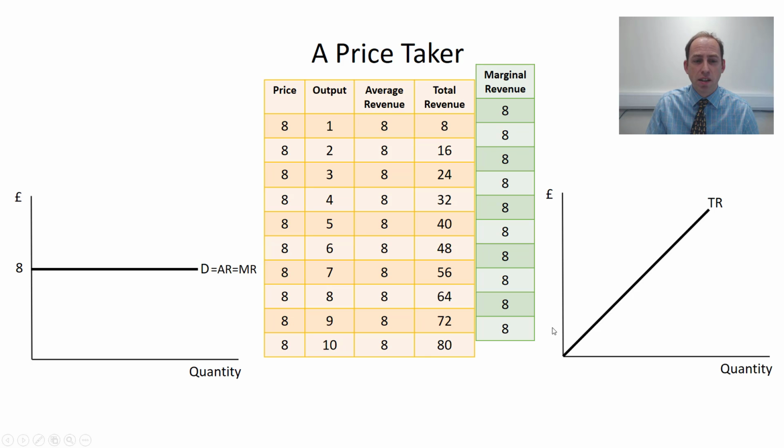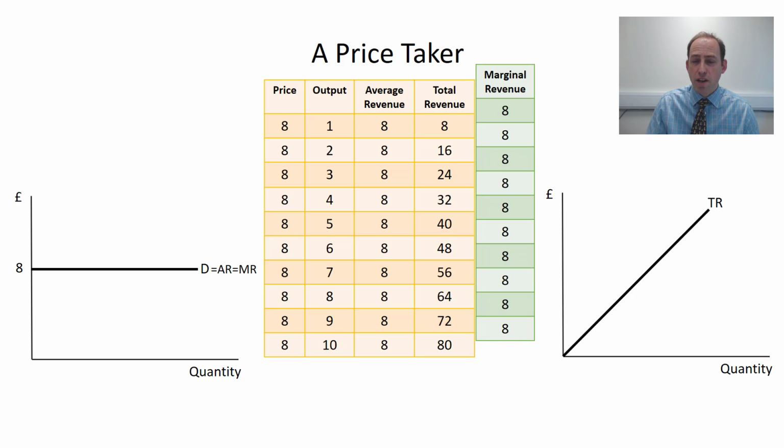That's the very first point that you can see up here. As output goes from 1 to 2, total revenue goes from 8 to 16, and the marginal revenue is 8. And unsurprisingly, that's going to be the same all the way through. The difference is always 8, because we're always selling an extra unit at £8.